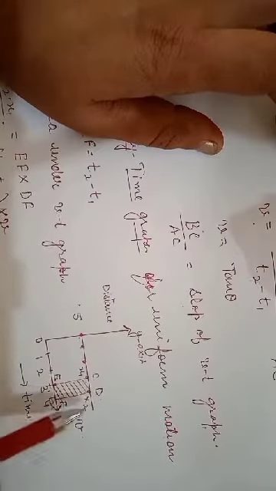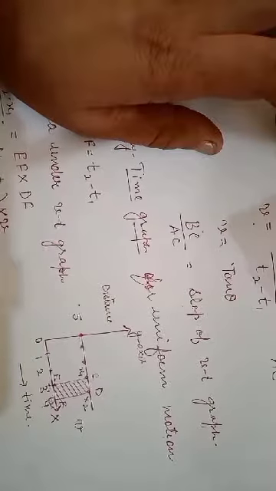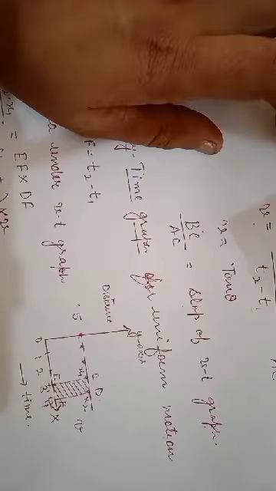So T2 minus T1 into V. So x2 minus x1 is equal to T2 minus T1 into V average. So V average is equal to x2 minus x1 upon T2 minus T1.